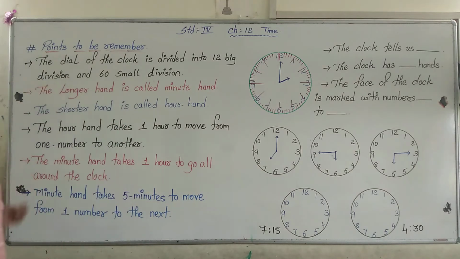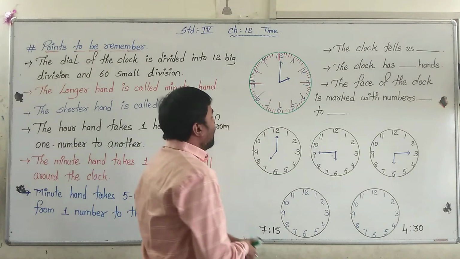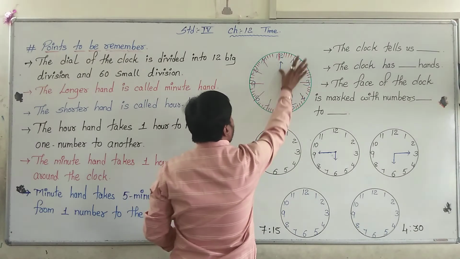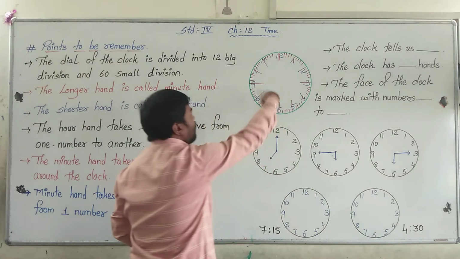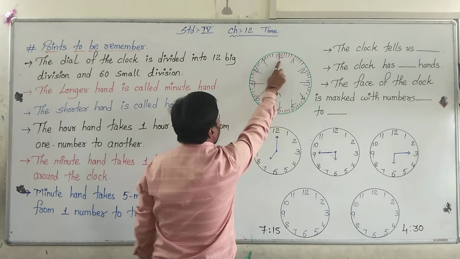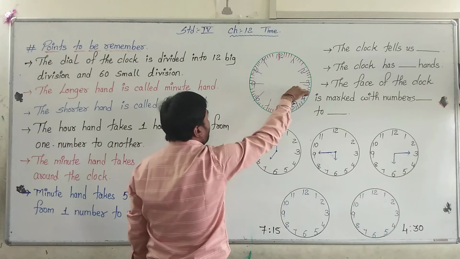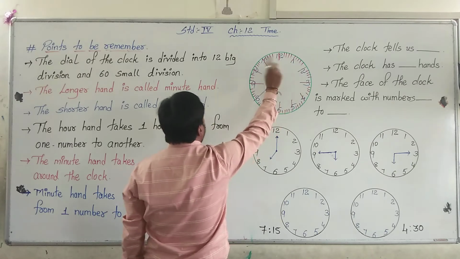The first one, the dial of the clock is divided into 12 big divisions and 60 small divisions. You can see over here, the dial is there. Here is your dial. The dial of a clock is divided into 12 big divisions, and you can see the red color linings, they are total 60.